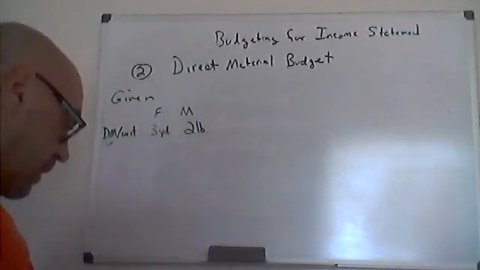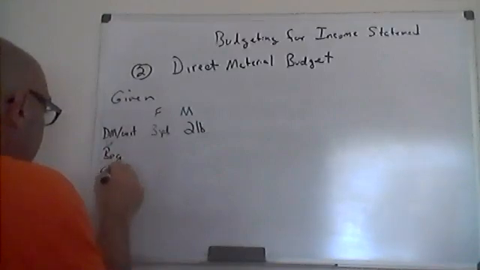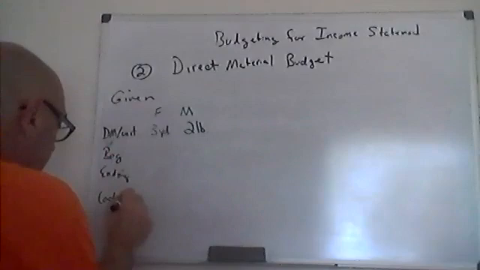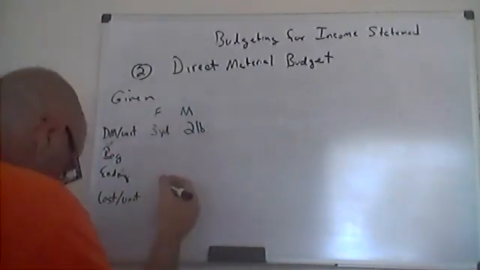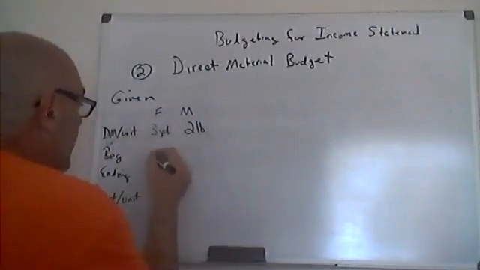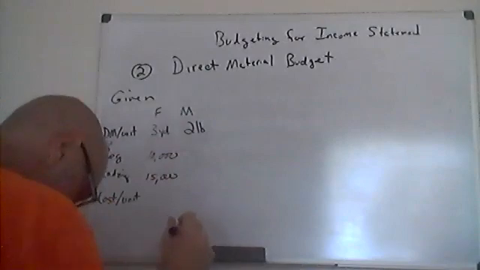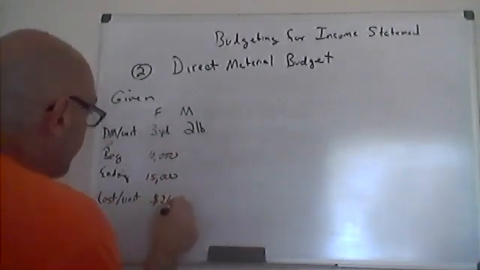We have beginning inventory, ending inventory, and a cost per unit. So our beginning inventory for the fabric is 10,000, ending was 15,000, and the cost per unit is $2 per yard.